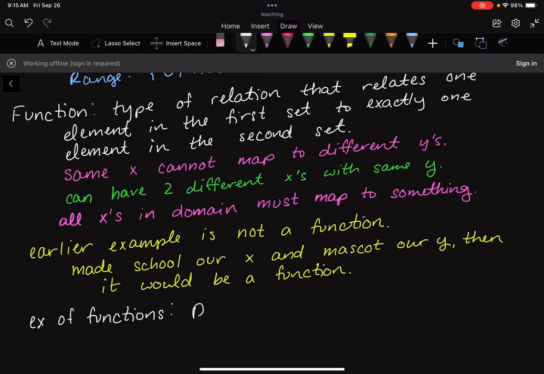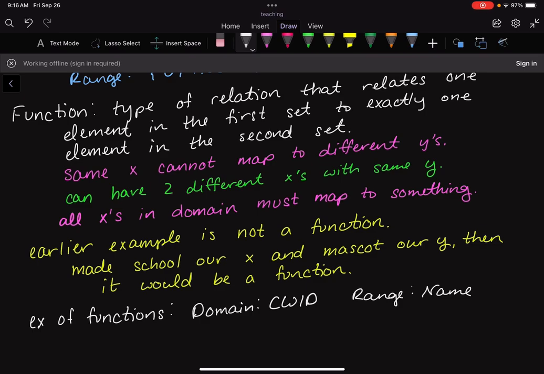Well, what if for my domain, I let it be a campus-wide ID, and then for my range, I could just say our names. So this is important because you wouldn't want to type in a campus-wide ID and come up with two different people's names, right? Like you would want one campus-wide ID to one name.